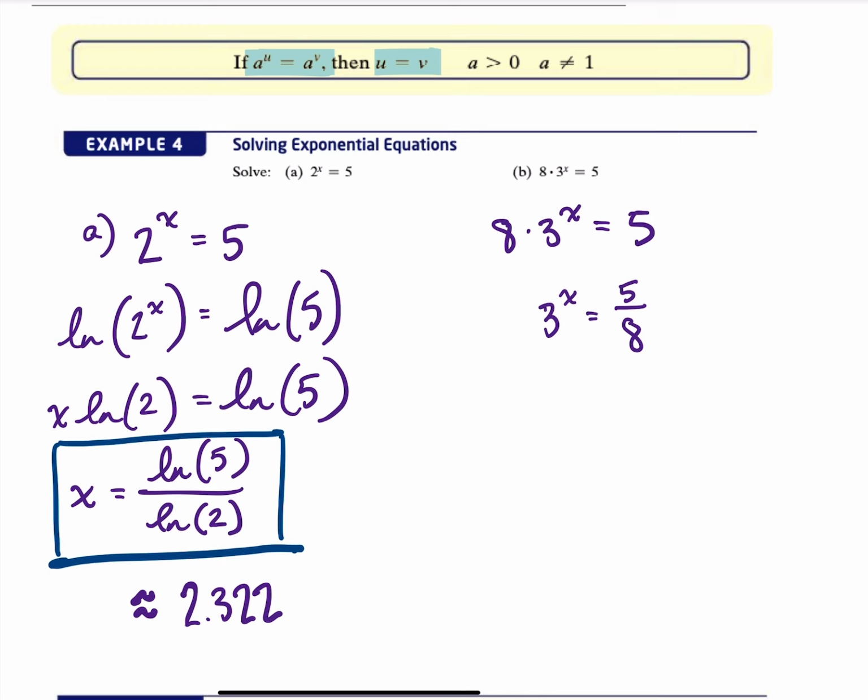And then I'm just going to take the natural log of both sides. We could convert it into a logarithm with a base of 3, but I'll assume maybe we have a calculator that doesn't let us input whatever base we want. So I'll use the natural log because it'll definitely have that.